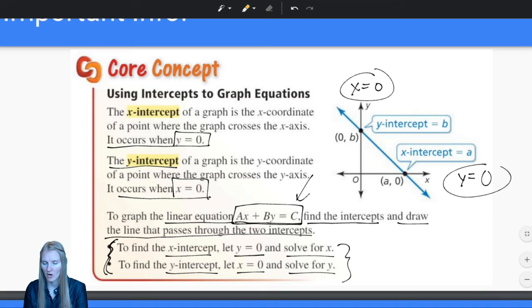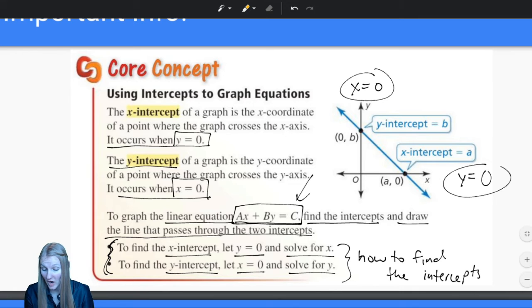Y equals 0, solve for x. This is how to find the intercepts. Once we find the intercepts, we just need to put them on the graph, and then we can draw the line. So you can think of this as step 1, step 2: find the intercepts, draw the line.